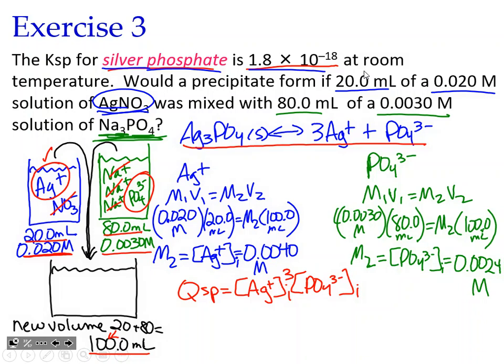So now we just plug them in and get our Qsp. So we have 0.0040 cubed times the 0.0024. So what do we get for our Qsp?